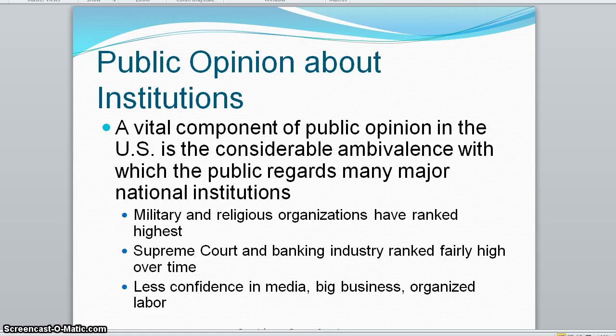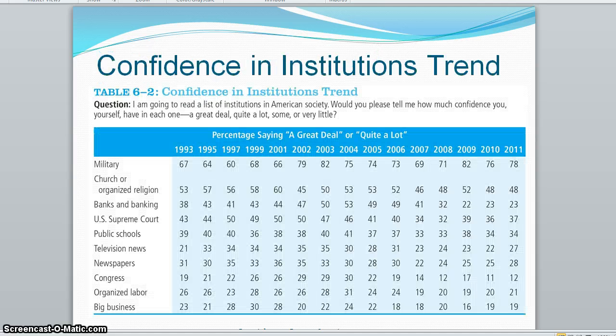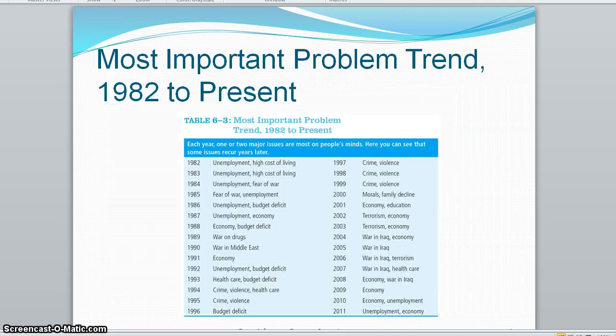There's really less confidence in media, big business, and organized labor. If you take some time to see this chart, you'll see the military at the top of almost every survey about confidence in institutions.